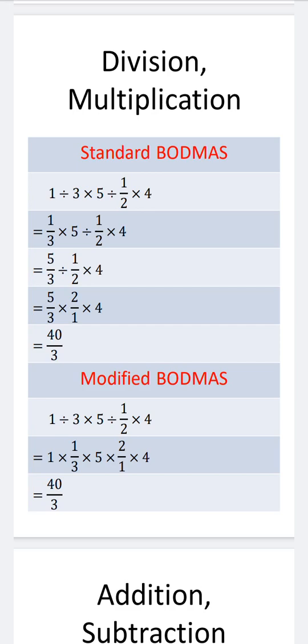Then we multiply the numerators and integers. So 1 into 1 into 5 into 2, 5 into 2 is 10, into 4 is 40, and multiply all the denominators. 3 into 1 is 3.